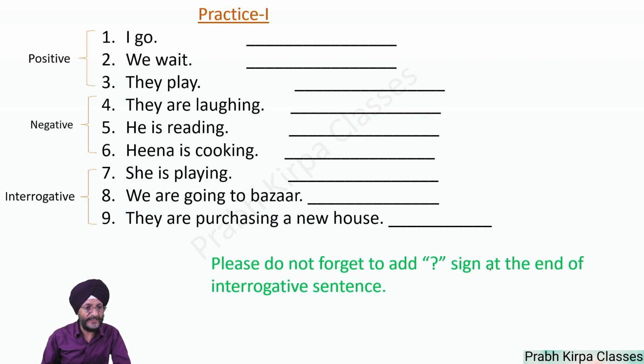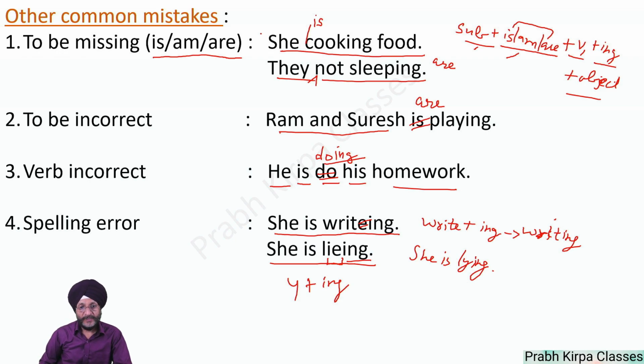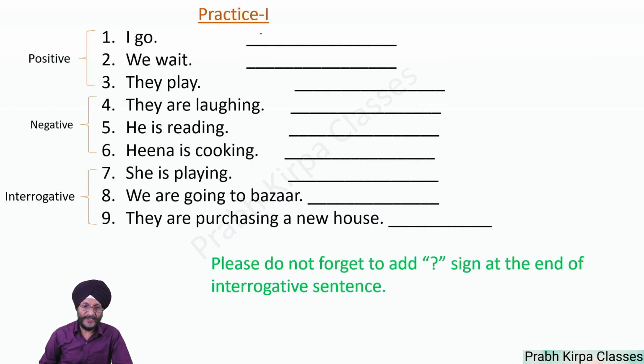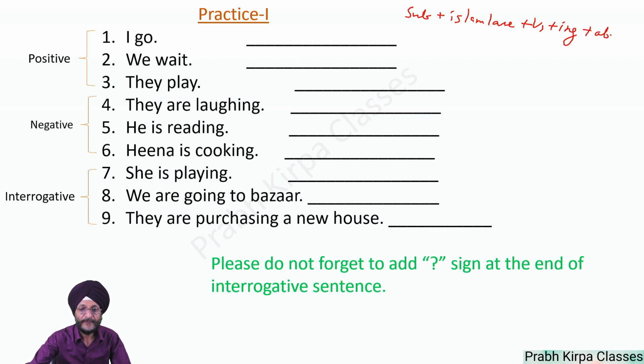Here we do the practice of the sentence "I go." What we have told you is that whenever we form a sentence, you use the subject, then is/am/are, then the verb in its base form, and then ing. We write it here so that there is no difficulty while answering this question.